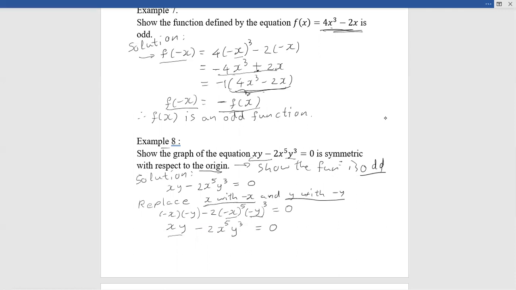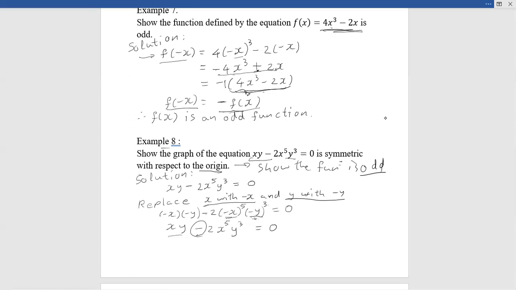Negative x to the power 5, an odd power, is negative. Negative y to the third power, again odd, is negative. So we multiply negative 2 times two negatives, three negatives in a row, so we get a negative answer. That's how we get minus 2x to the 5 y cube equal to 0.